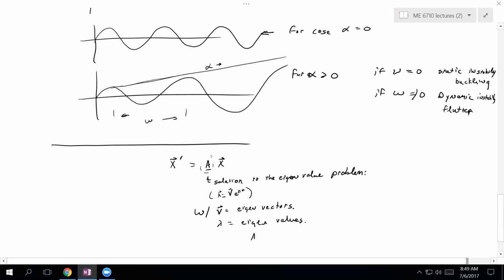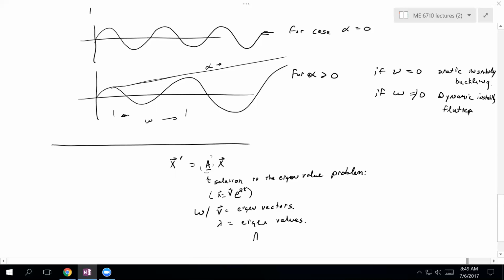Of course, we get these by solving the problem. The solution is e to the lambda t, and the lambdas are the eigenvalues.